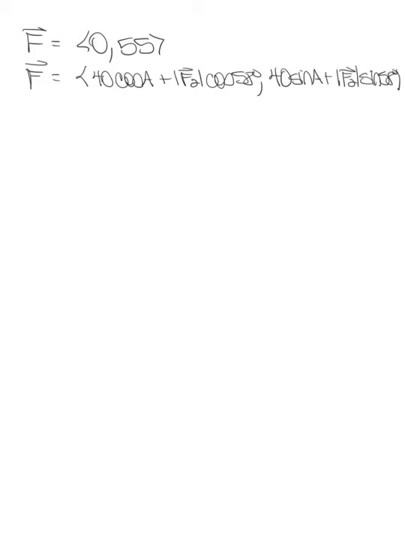And of course, we know that when two vectors are equal, their components must be equal. So what we're going to do now is set these two components equal. Setting their first components equal, we get 0 is equal to 40 cosine of A plus the magnitude of F2 cosine of 58 degrees.